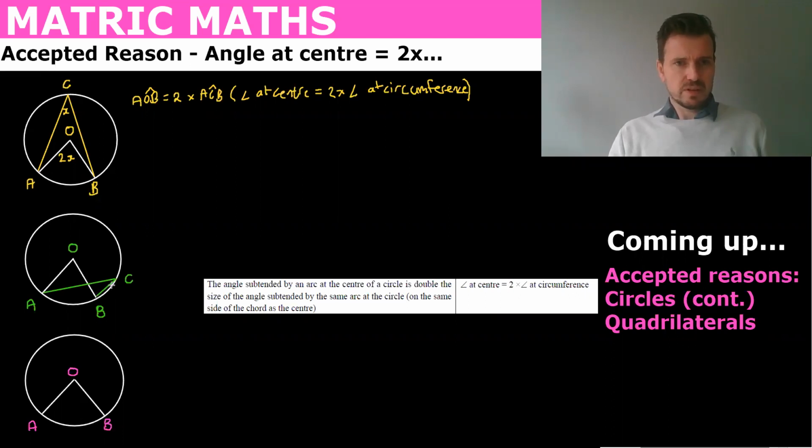So you've got, again, the angle at center, which is still 2x, and this little one x, this ACB. And so you'd say exactly the same thing: AOB equals 2 times ACB, and the same reason, angle at center equals 2 times angle at circumference.